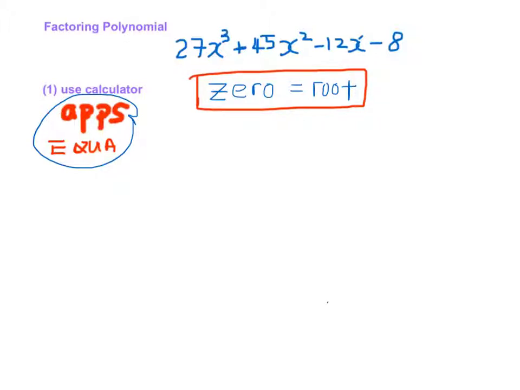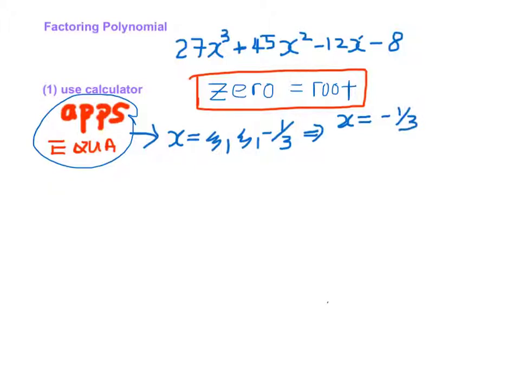Anyhow, if you use the calculator, you're able to find the roots, in decimal or some other form. For this particular example, you discover that one of the roots is actually negative 1/3, and you can use this to form one of the factors. By doing so, you have x equal to negative 1/3.